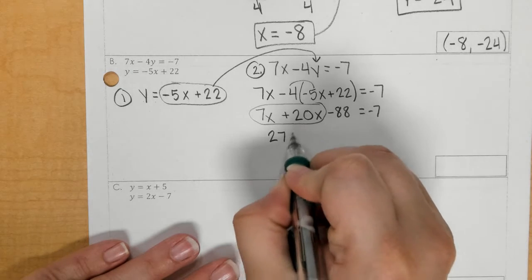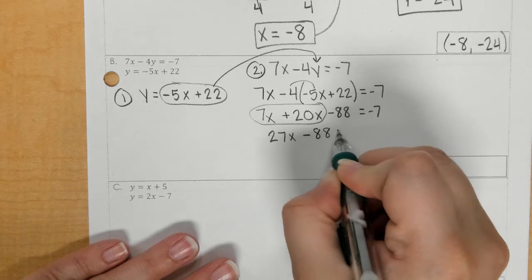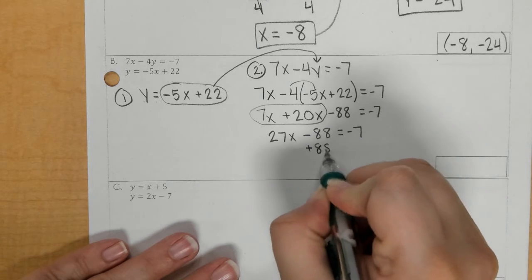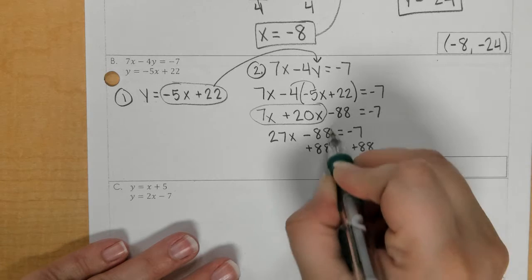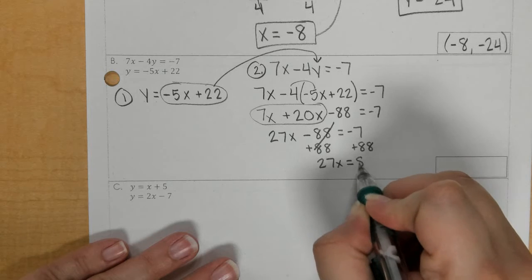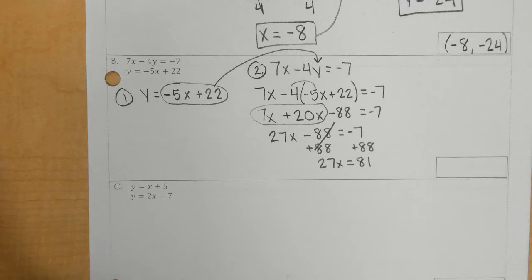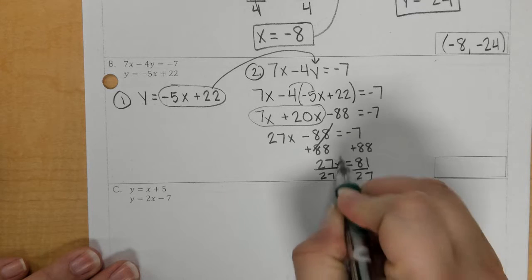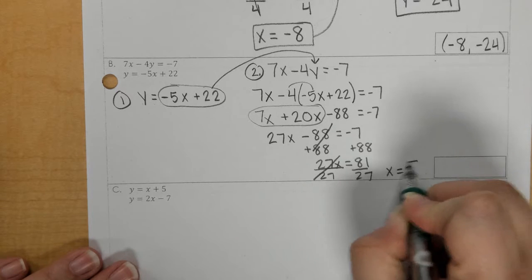So 27x minus 88 equals negative 7. Add our 88 over. But 27x equals a positive 81. And if we divide 81 divided by 27, we get x is 3.